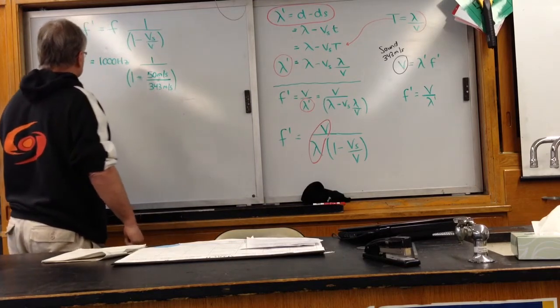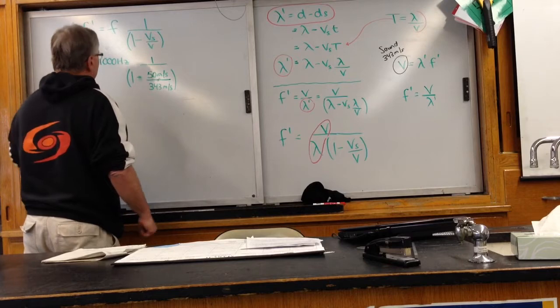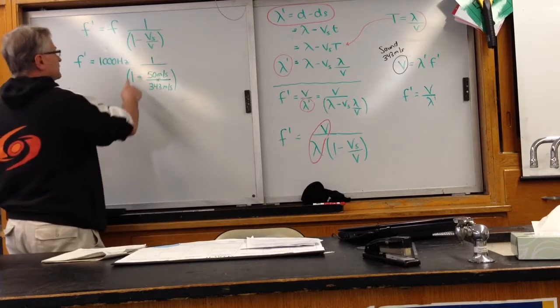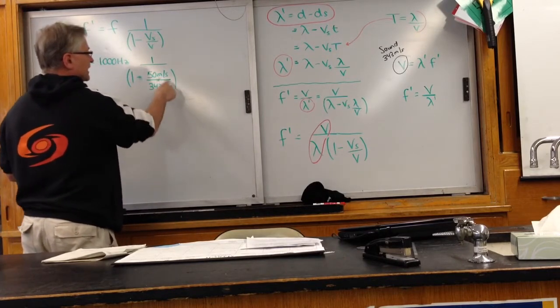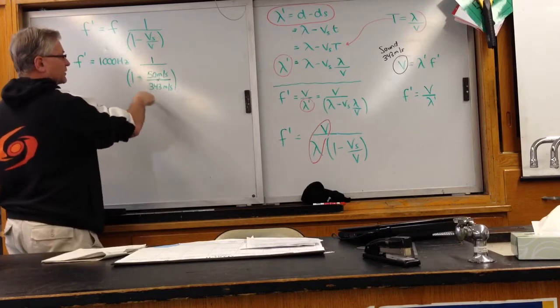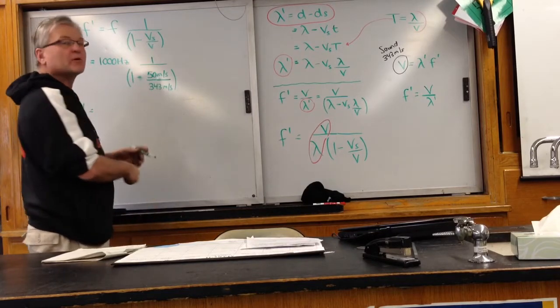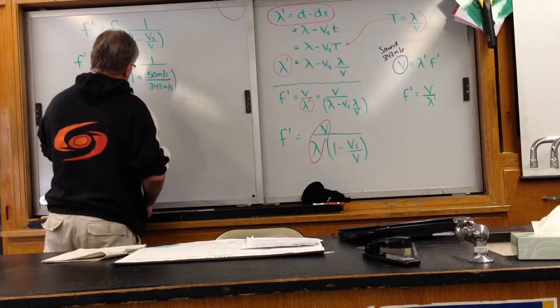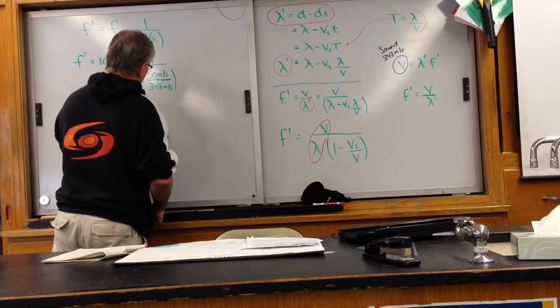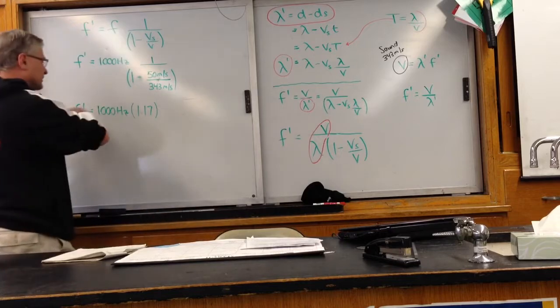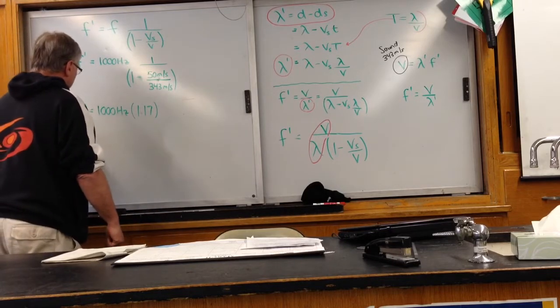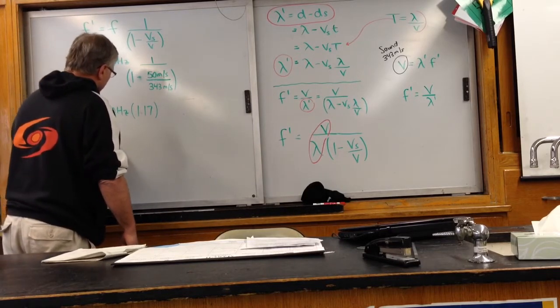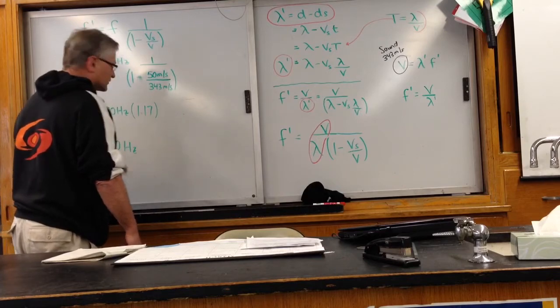So when we put these numbers in the calculator, we end up with 1 divided by 1 minus, this is about 0.85 on the bottom when we're done. 1 divided by 0.85 is a factor of about 1.17. So we multiply this through. Our final frequency that we actually hear is going to be around 1170 hertz.